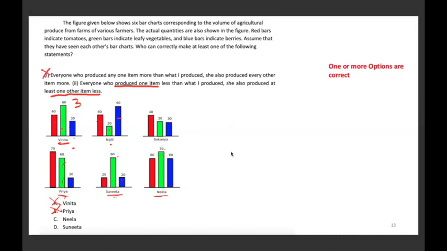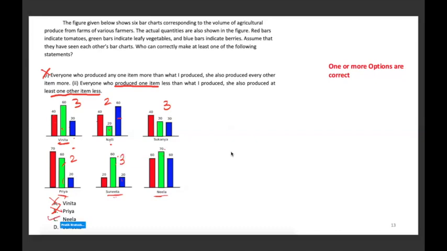With Nali and Neela, tomatoes and leafy vegetables are less, so 2. Sukanya, when we compare with Neela, all three are less. Neela and Priya, when you compare, it comes to leafy vegetables and berries, so 2. Sunita and Neela, when you compare, it comes to tomatoes, berries and even leafy vegetables, so 3.